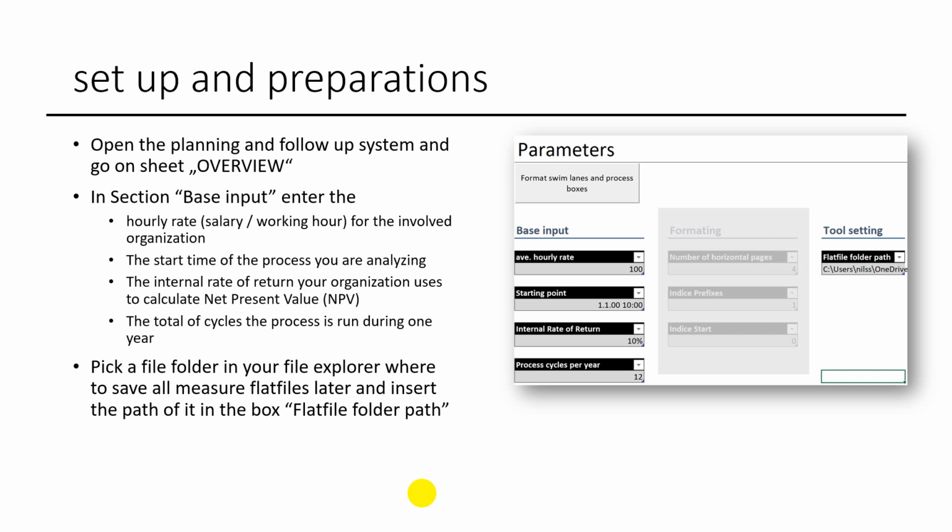The internal rate of return is also needed for the net present value calculation, just like the process cycles per year, which is the number of cycles you run the process per year in order to calculate the net present value correctly, but also to correctly calculate the process costs.